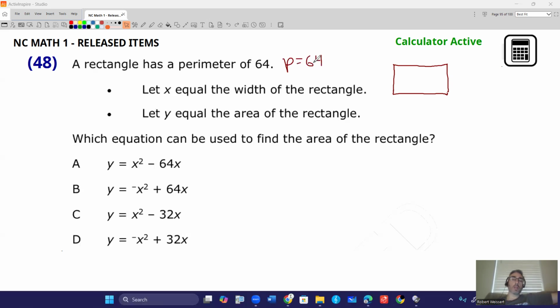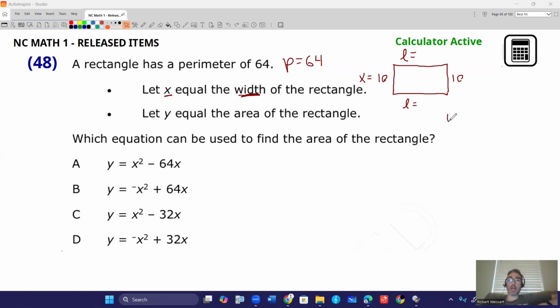Then I'm going to make up a number for the width since x is the width. Let's say 10. Does that sound good? So now I will have to get the length. I don't know what the length is, but I could come up with it because I know the perimeter.